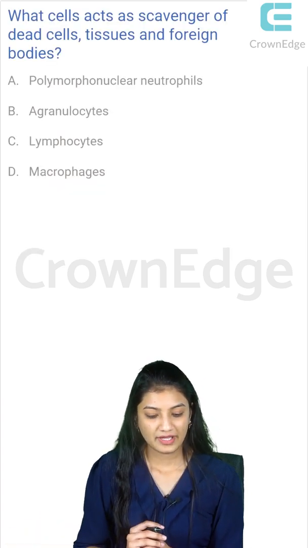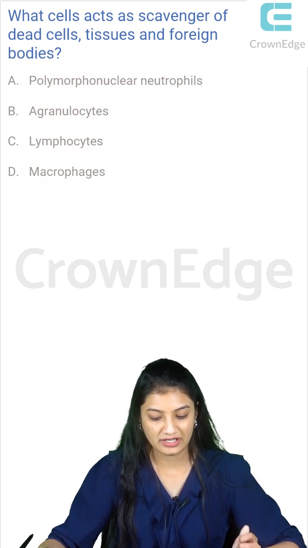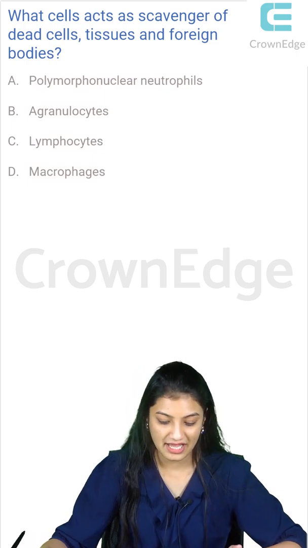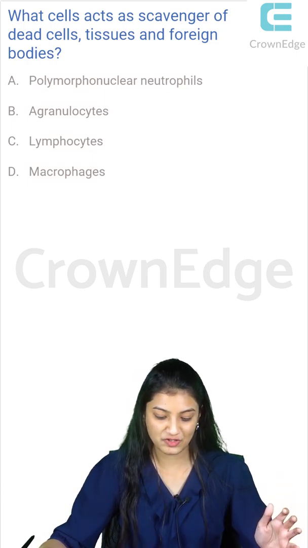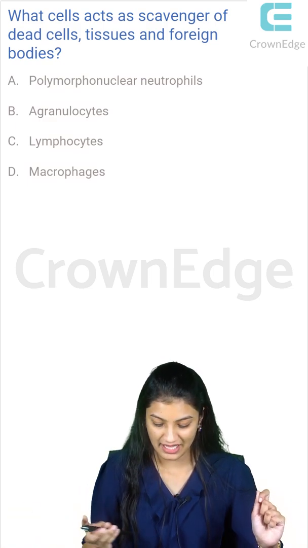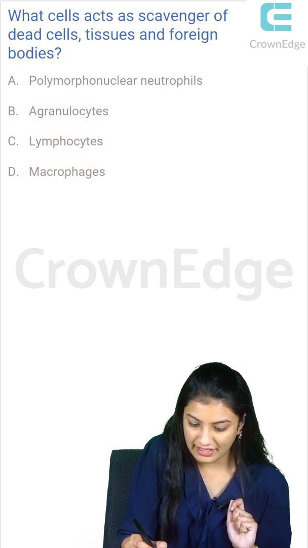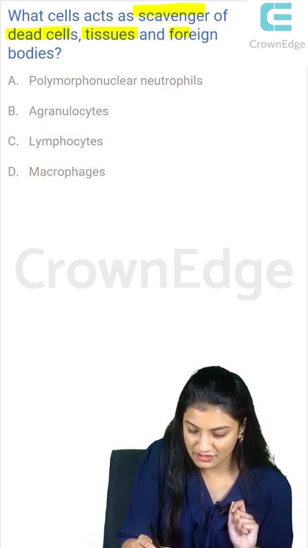Okay. So here, what cells act as a scavenger of dead cells, tissues, and foreign bodies? The options are again neutrophils, agranulocytes, lymphocytes, and macrophages. So here you need to identify the scavenger: dead cells, tissues, foreign bodies.